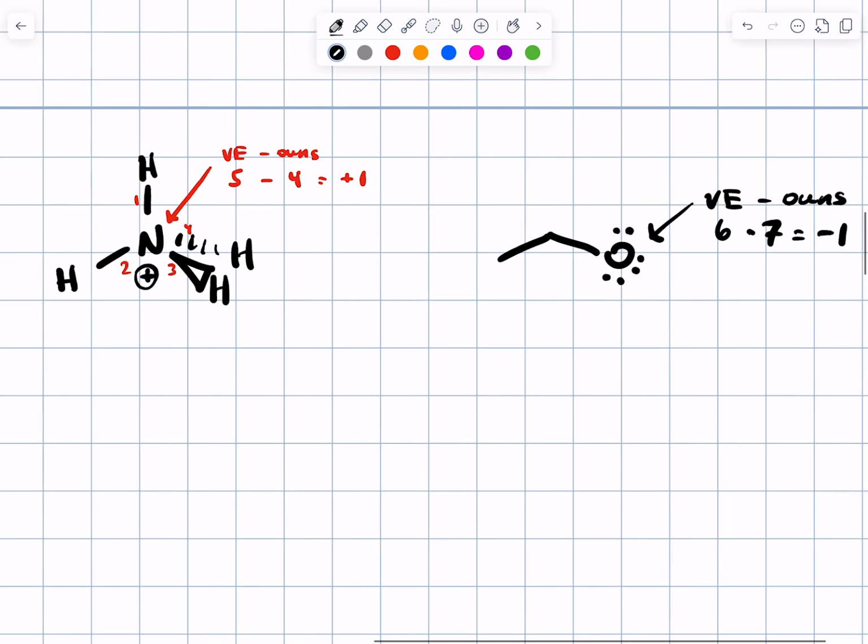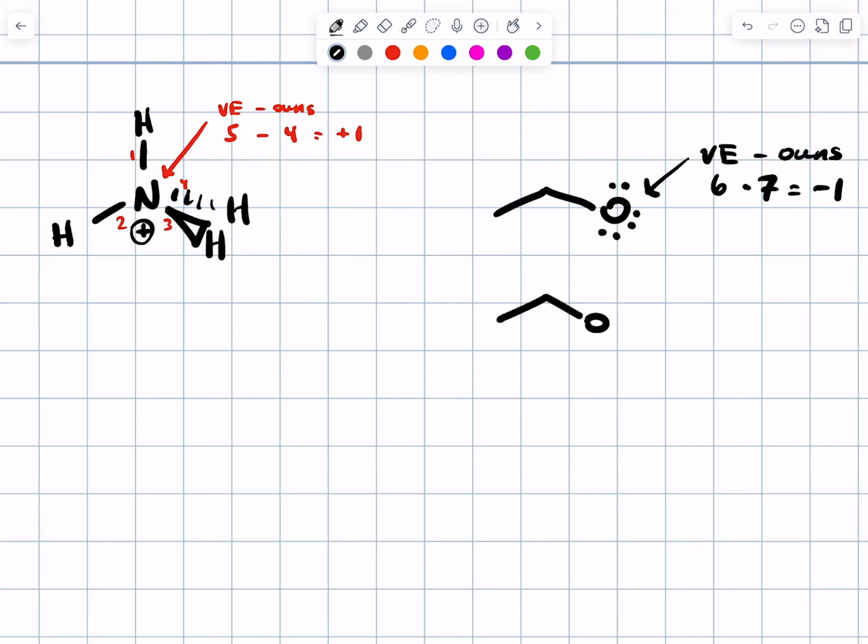So that's -1. So you'll get used to seeing that an oxygen bound to only one thing has a negative formal charge on it. And in this case, that actually does tell you where the reactive portion of the molecule is. In that case, the negative formal charge on the oxygen aligns with what you know about oxygen's electronegativity. And you would expect that oxygen to be very electron rich.